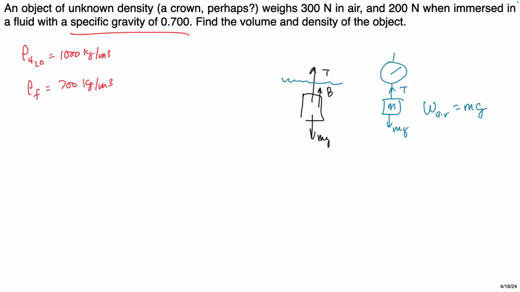All right, so what do we know? We know that this object weighs 300 newtons when it's weighed in air, and we know that it weighs 200 newtons when it was weighed in this fluid. Where did the 100 newtons go?